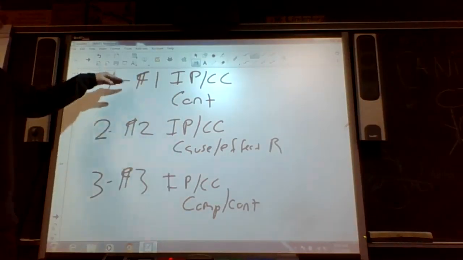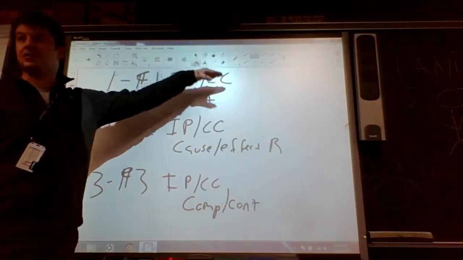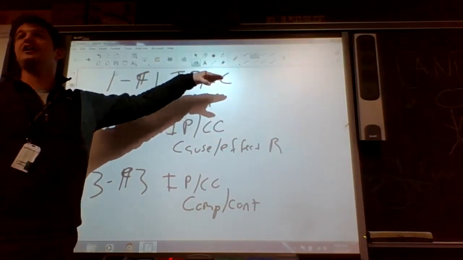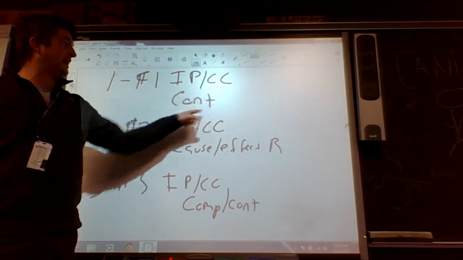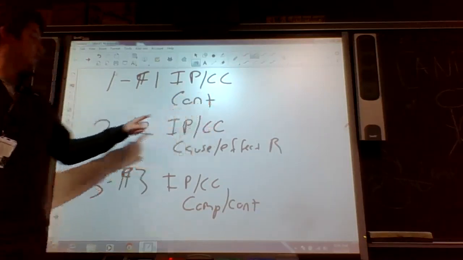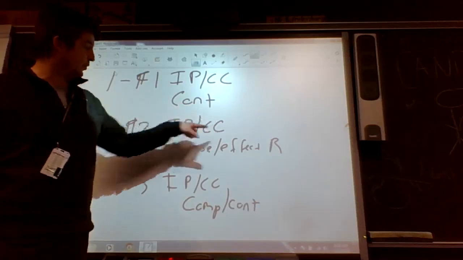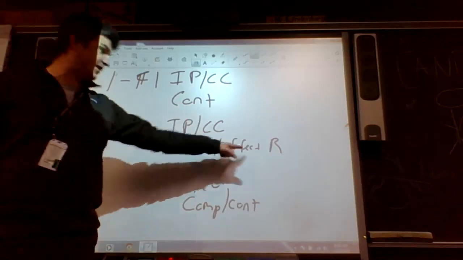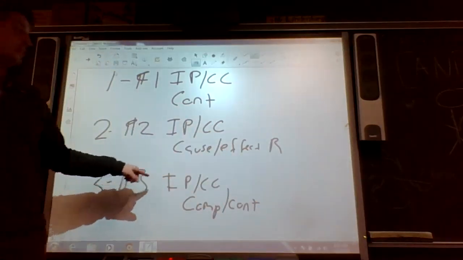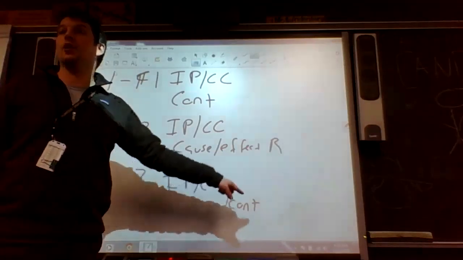Okay, so paragraph 1, use an intro phrase sentence or a coordinating conjunction sentence to write your own identification of a contrast. Question 2 deals with paragraph 2. Use an intro phrase or coordinating conjunction to illustrate a cause-effect relationship. And paragraph 3, find a comparison or a contrast.